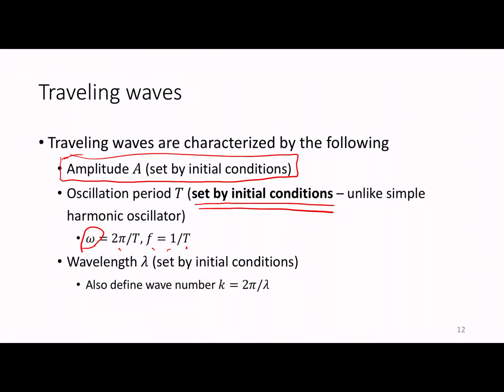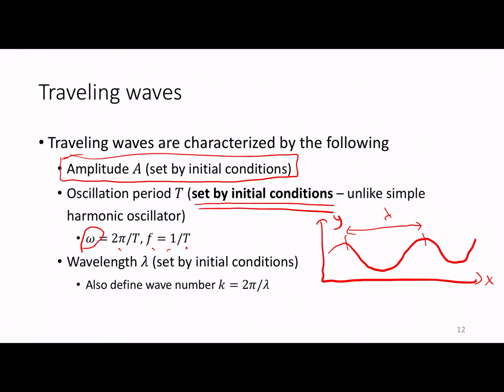So wavelength, remember, is if I take a picture of the wave at any given time, plot my displacement of those particles y as a function of x, the position of the particles, lambda is simply telling me the distance between one peak and another. That again is set by the initial conditions.